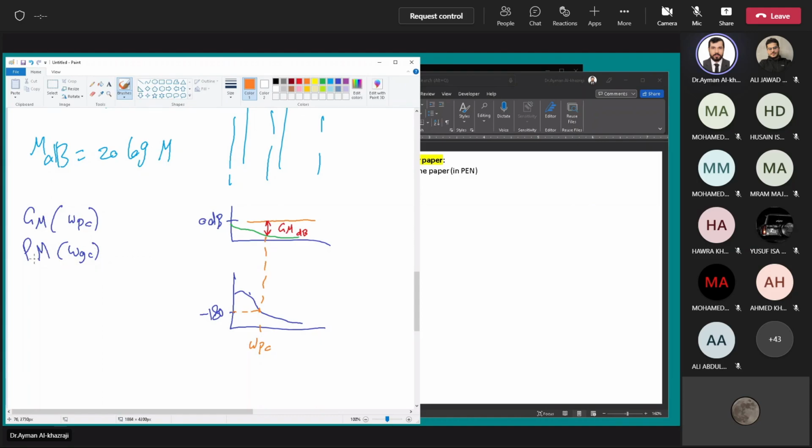I also have the phase margin. You can find it when the gain equals 0.